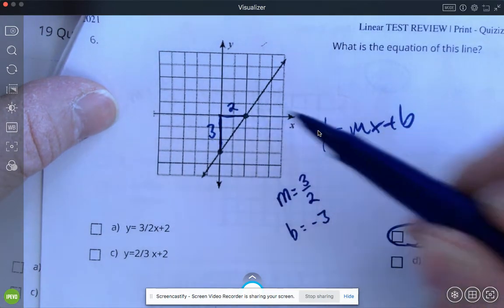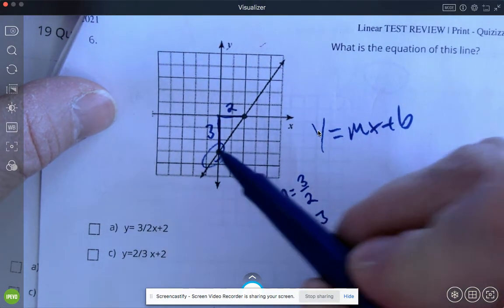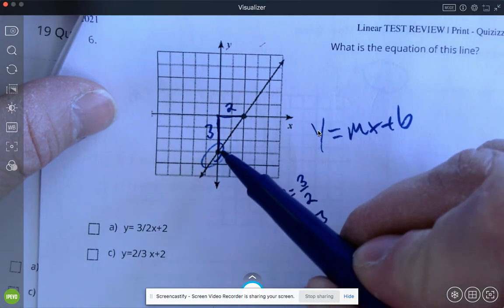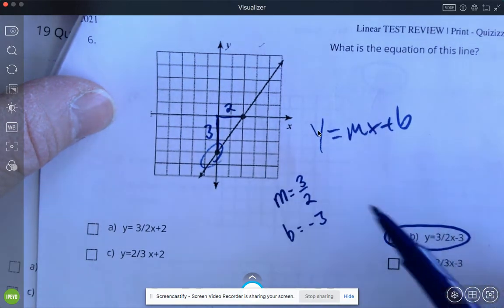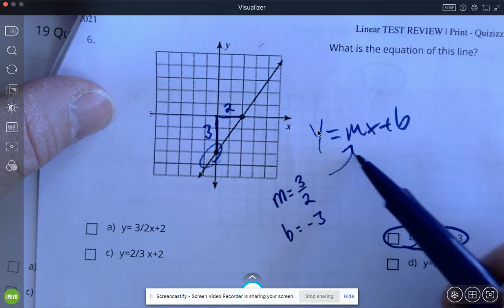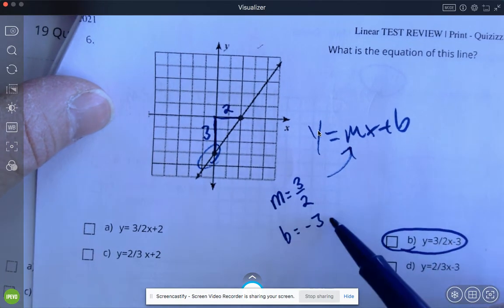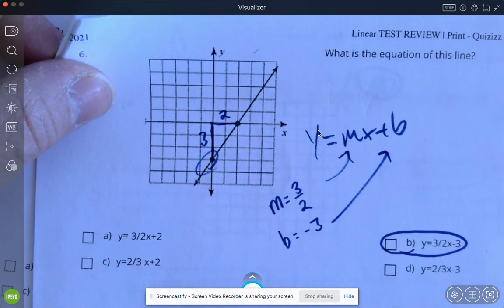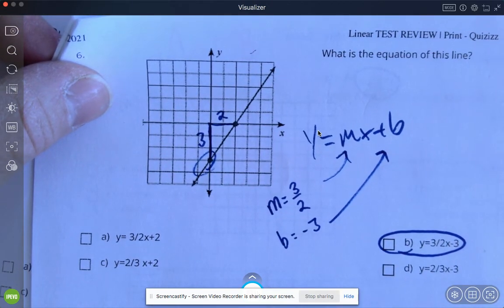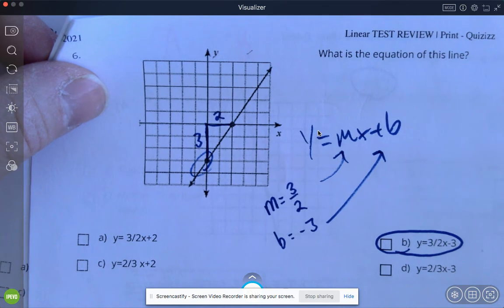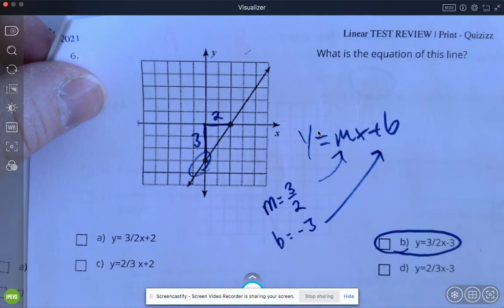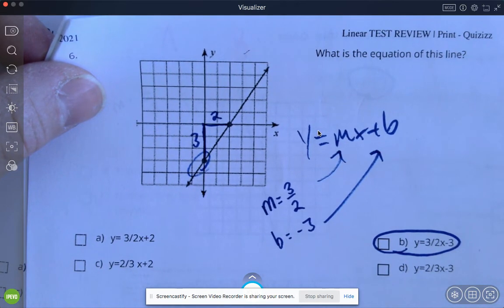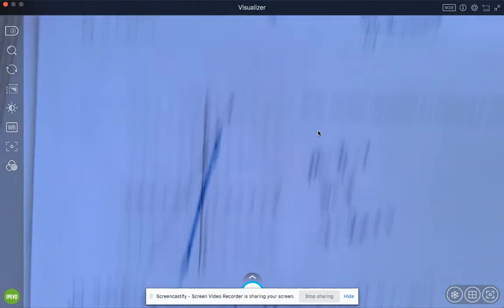The slope of this line is up 3/2, and the y-intercept is at negative 3. So I wrote my equation as y equals 3/2x minus 3. I think there's 3 of those on the test, and you're going to be using 1/2 a couple times.